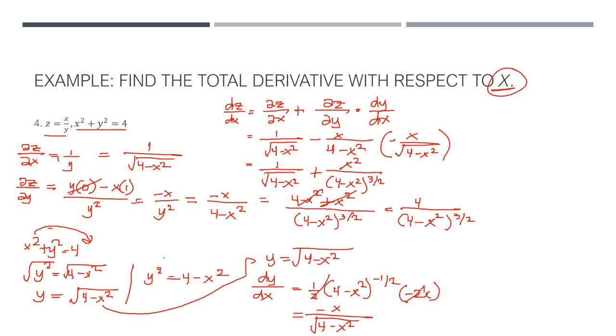Now, if you can remember, the value of our y is equivalent to square root of 4 minus x squared. So we need to change this back in terms of y.